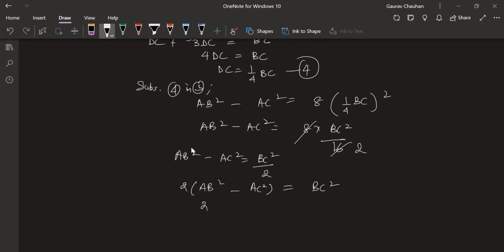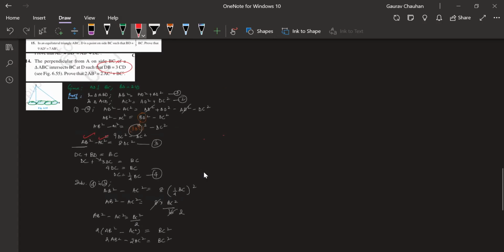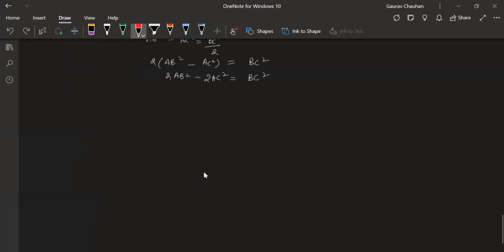So you open the bracket, 2AB square minus 2AC square is equal to BC square. So you see, I am just trying for an equation in which only these 3 terms are there: AB square, AC square, BC square. Automatically I've got this. I just got to move 2AC square to the right hand side. I'm at my goal.